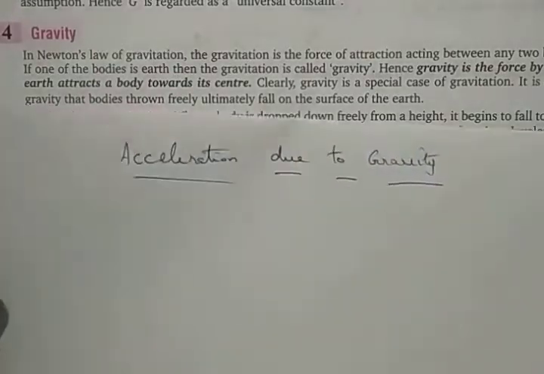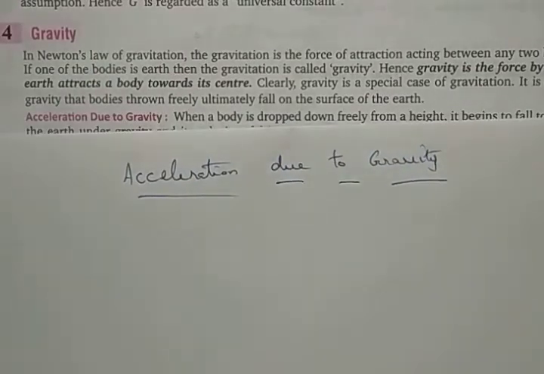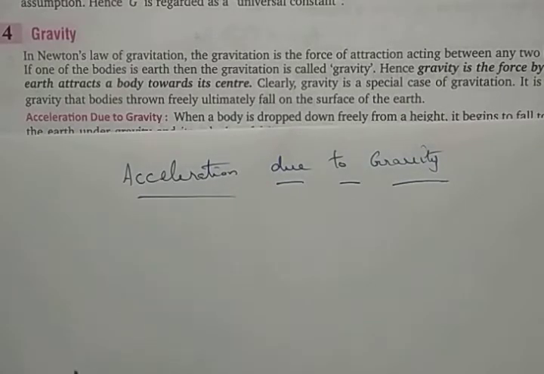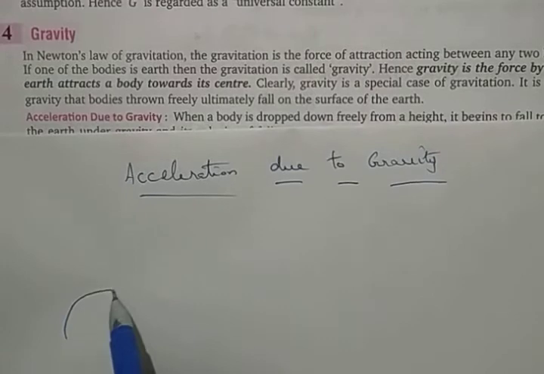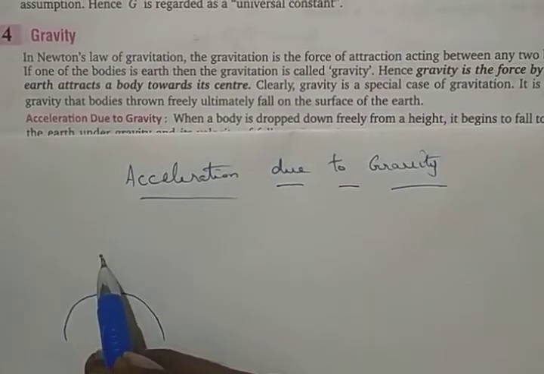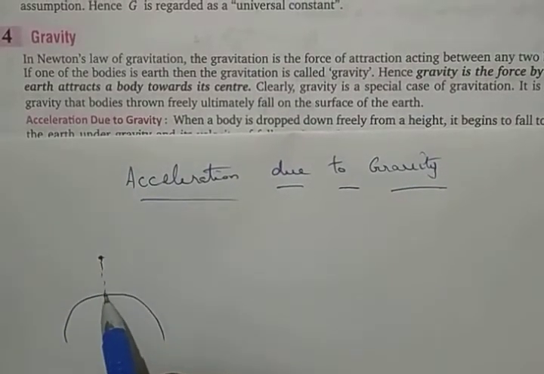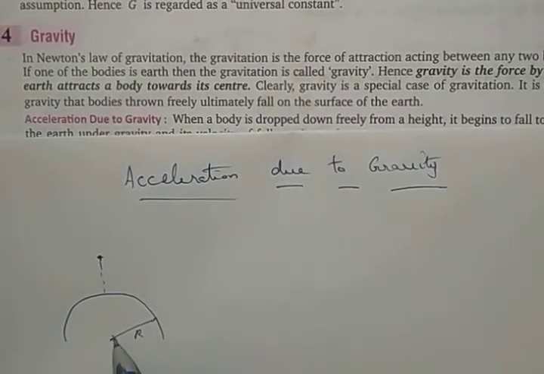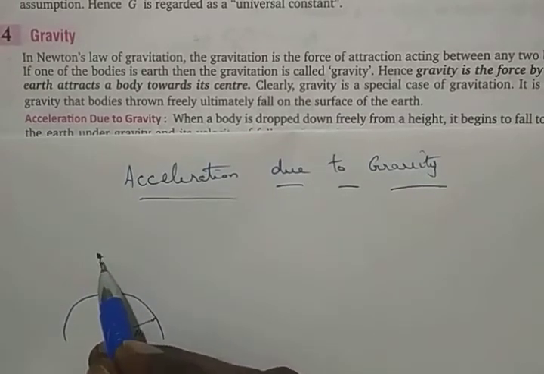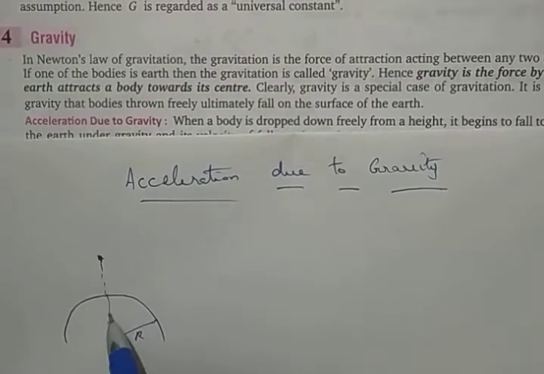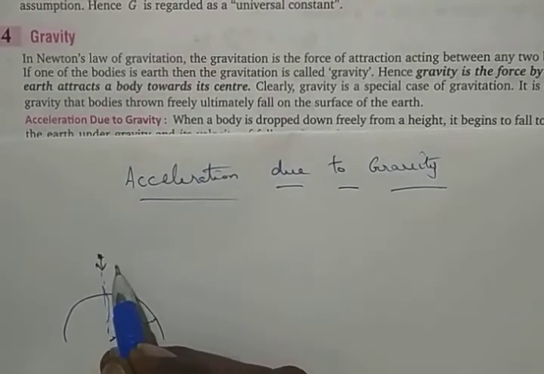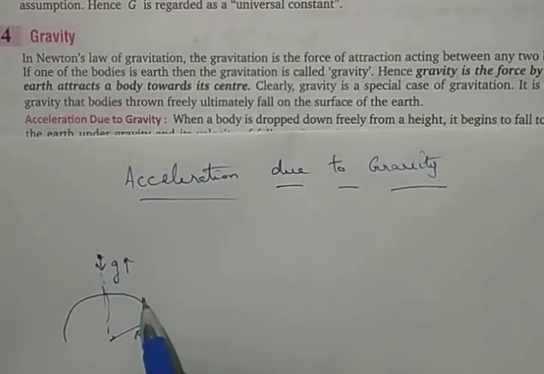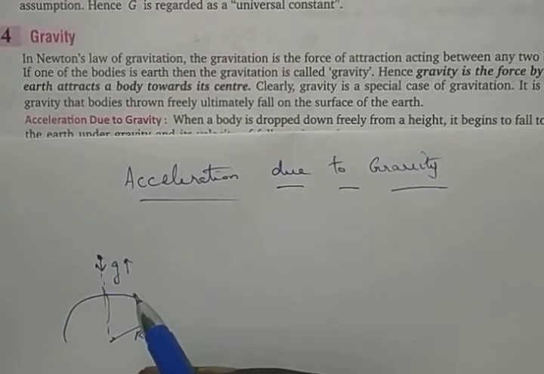Now, moving further to the next topic, acceleration due to gravity. What is acceleration? When you drop a body from a particular height towards the surface of Earth, this being the radius of Earth, the force pulling it down makes it go at an increasing speed all the time.